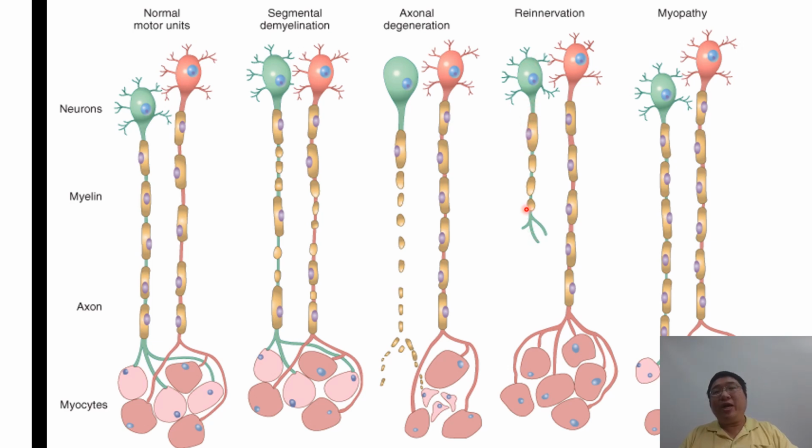When one motor unit is destroyed, the adjacent motor unit will take over the whole area. So it is possible that the unaffected motor unit will grow a branch of the axon to supply the previously atrophic muscle fiber.